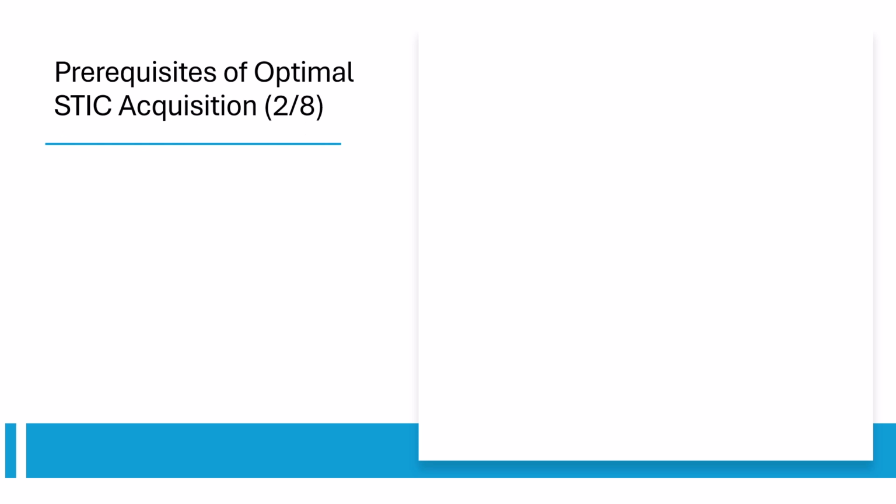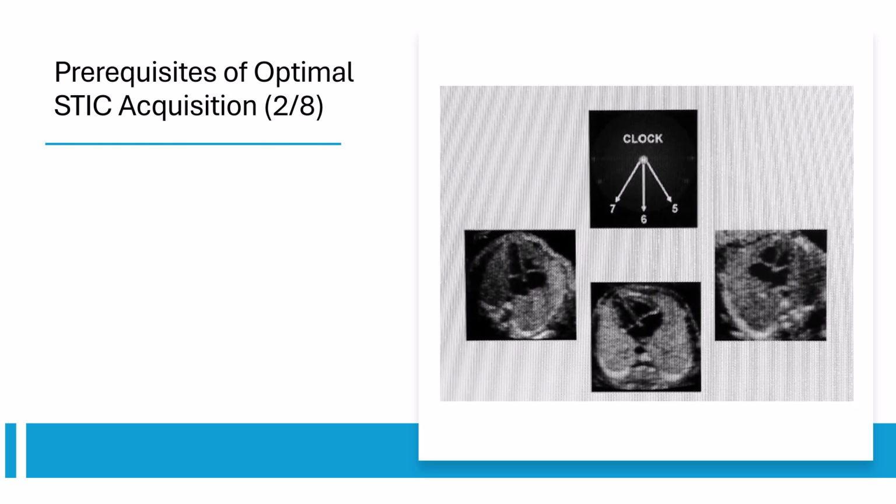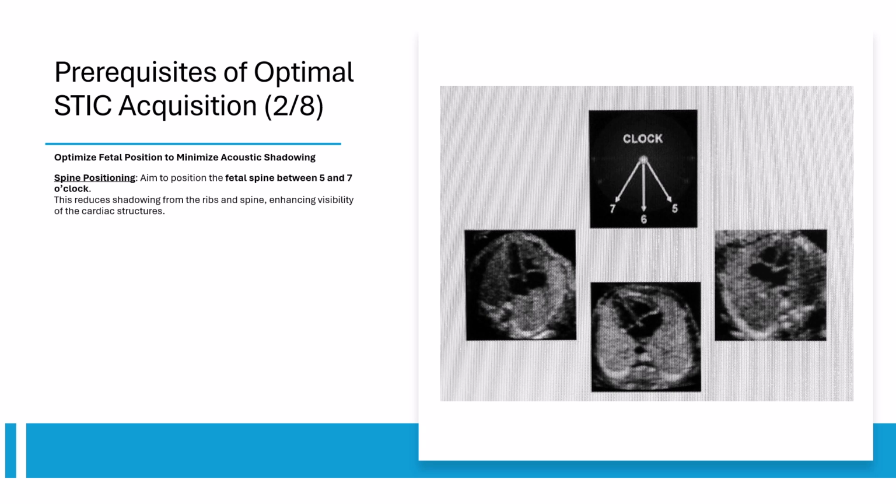Next, let's focus on optimizing fetal position to minimize acoustic shadowing and enhance image quality and clarity. Ideally, the spine should be positioned between 5 and 7 o'clock.